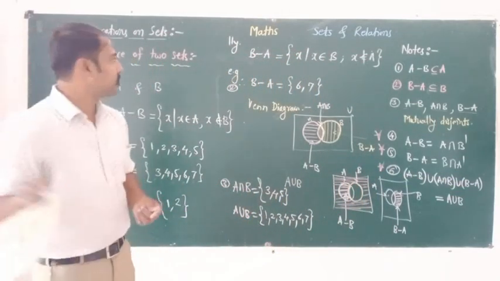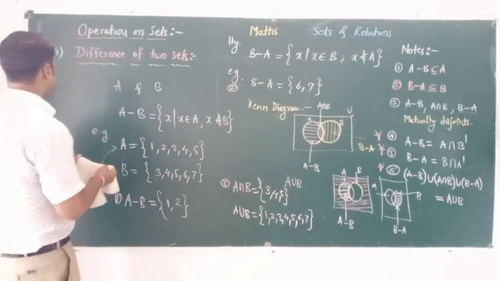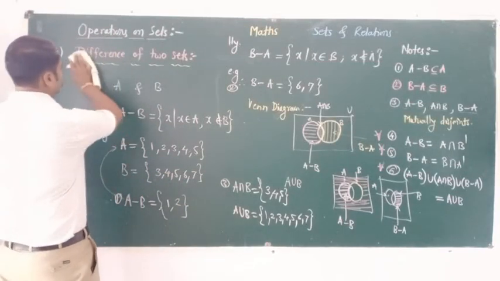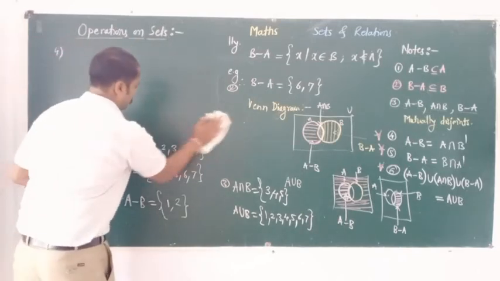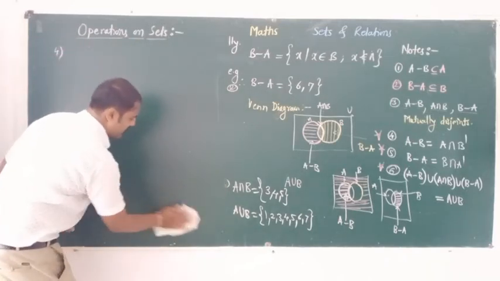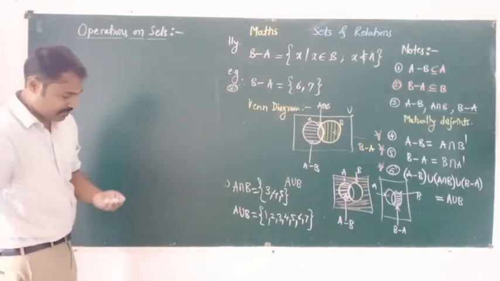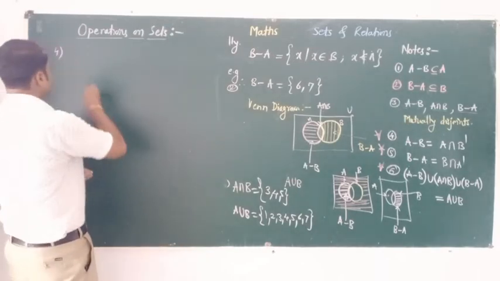थोडंसं पुढे जाऊया. Next, fifth operation is here on set: symmetric difference. फिफ्थ ऑपरेशन काय आहे तर सिमेट्रिक डिफरन्स ऑफ टू सेट्स.